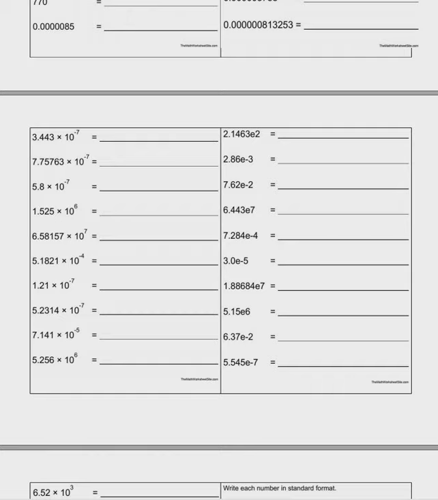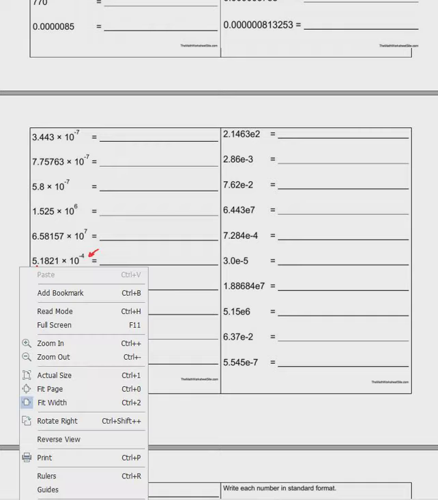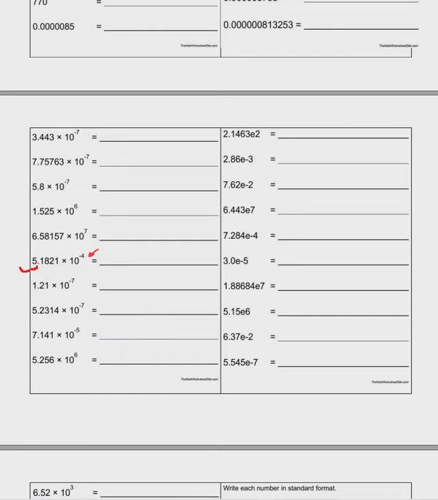So let's say that we have, let's do this one right here. This is a negative 4, so we're going to move it over 1, 2, 3, 4. We put zeros in the little scoops.